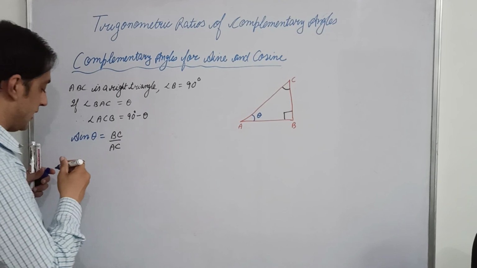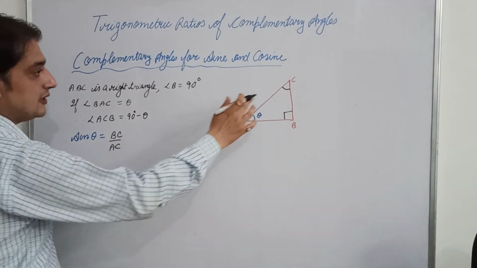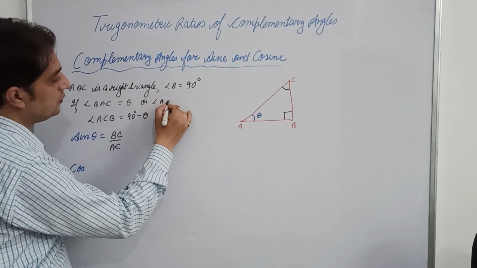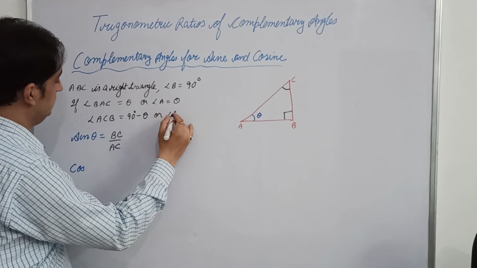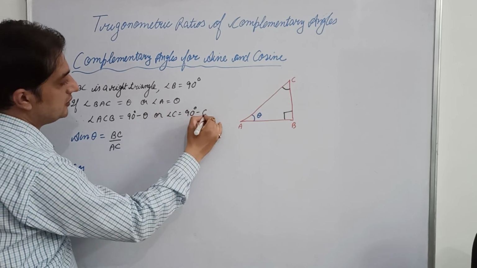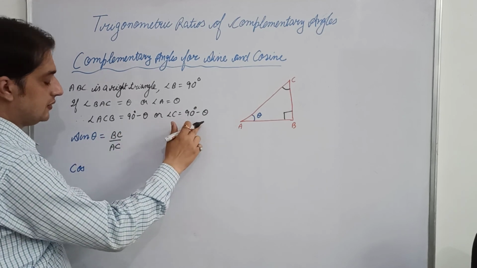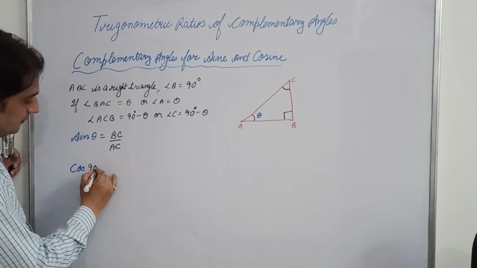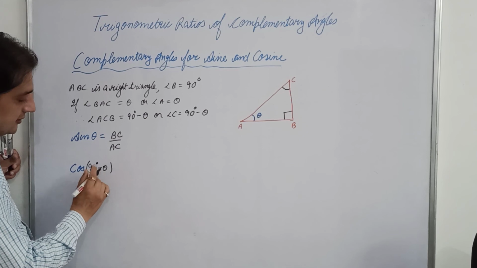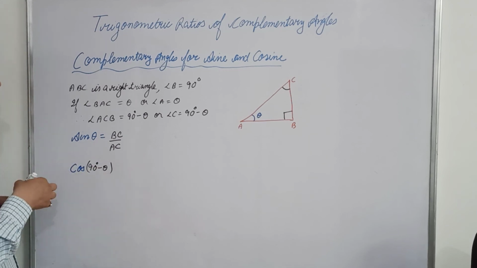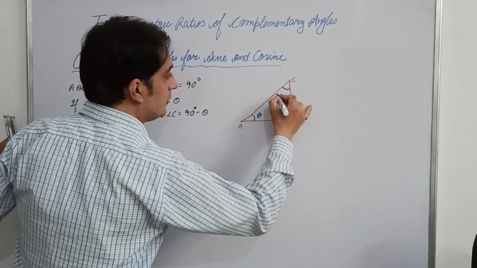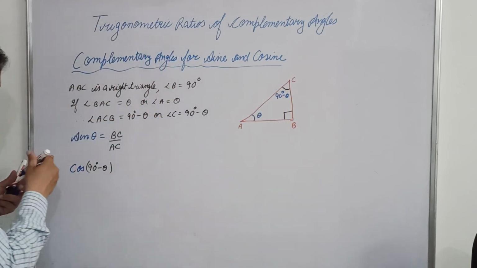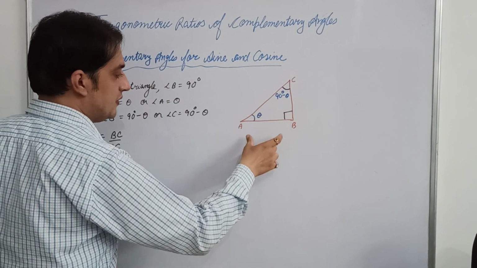I am not considering angle A; I am taking angle C. Angle A is equal to theta, and angle C is 90 minus theta. So for this angle C, 90 minus theta, which side is base?